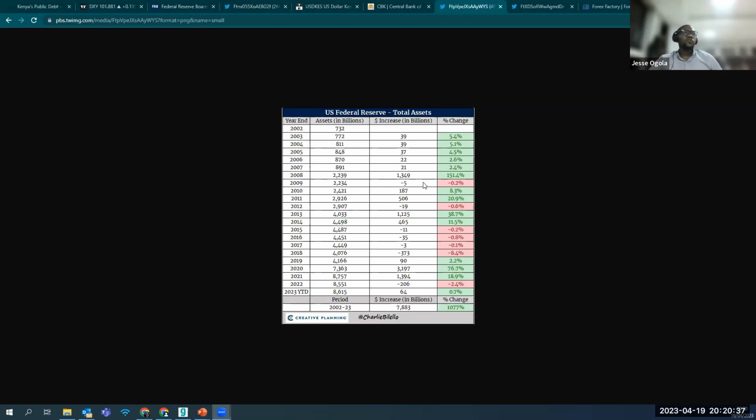They are just not liquid enough to satisfy what investors or depositors would wish.